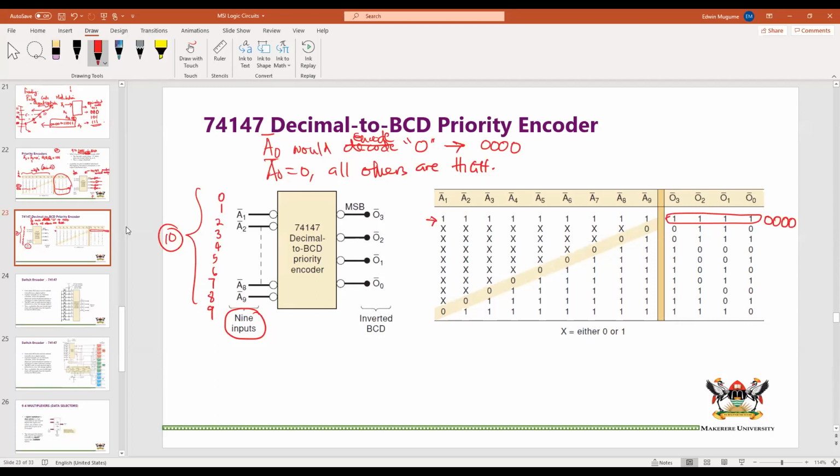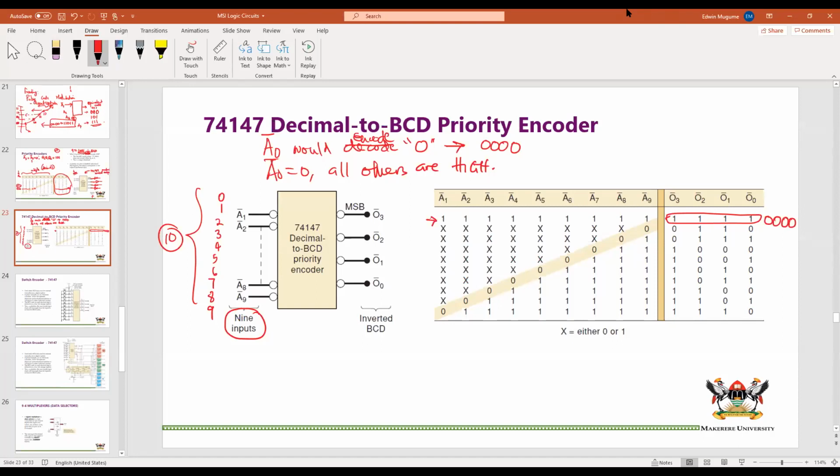If it is useless, we might as well not connect it. That's the reason why we do it. It corresponds to the scenario when all others are high. In other words, when we want to use A0, make sure all of your inputs A1 to A9 are in their inactive high states, and you'll get your code for A0. Okay, that's why.